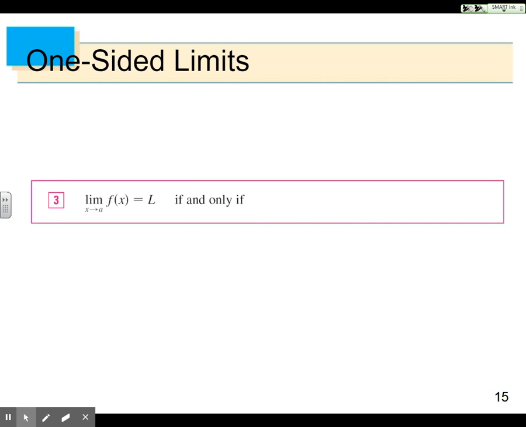So now we can say the limit as x approaches a of the function is equal to L if and only if the limit as x approaches a from the left of f of x is equal to L. Let me do a big "and" in here because this also has to be true. The limit as x approaches a from the right of f of x has to equal the same number L. Has to come in smoothly and meet that same number.